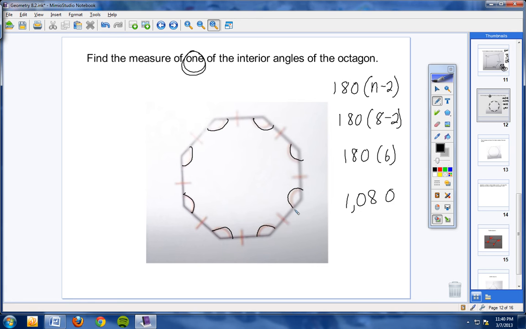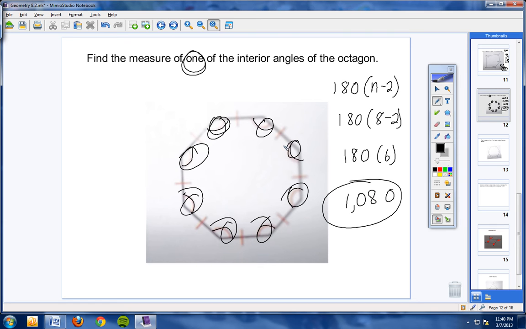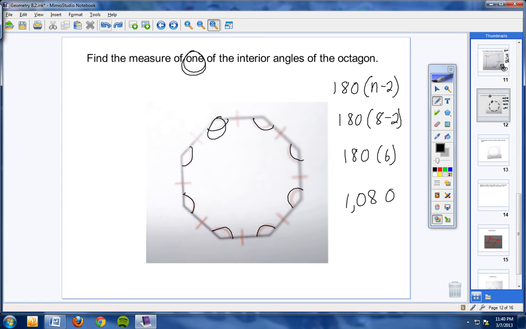Now think about that for a second. That means if I add this angle, this angle, this angle, this angle, this angle, this angle, this angle, and this angle, if I add them all up, what do I get? 1080. So you're probably thinking, Mr. Earhart, how in the world do I know what one angle equals? Pretty simple. Do you not see that all these angles are congruent?